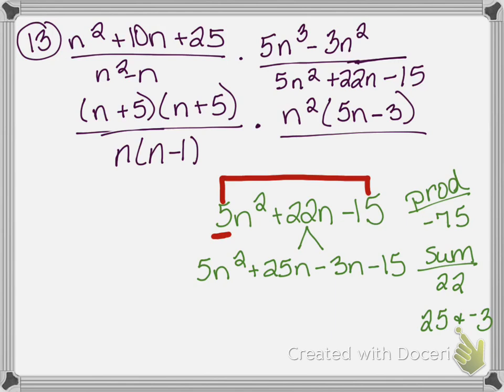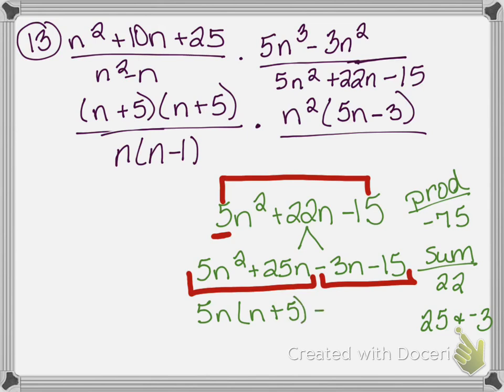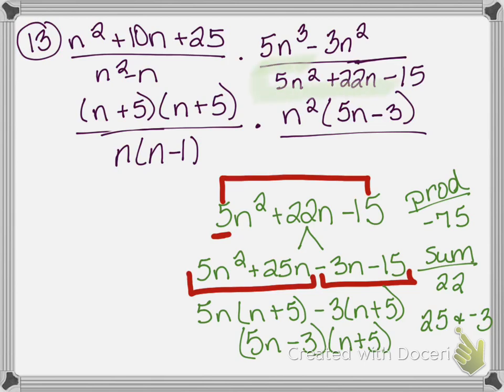And now we factor by grouping. So I look at this part, and then I look at this part. So I take a 5n out, and then I take a negative 3 out. So this factors to 5n minus 3 and n plus 5. And as I was listening and hearing people talk about this one, it was factoring this right here where students had the issue.